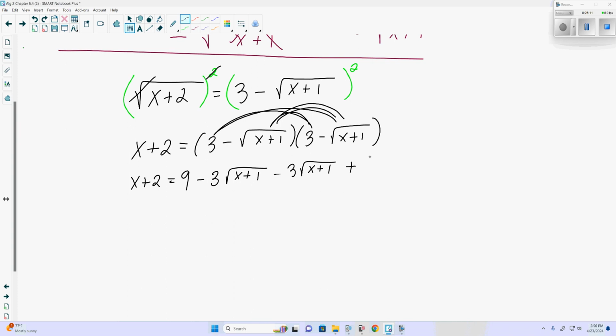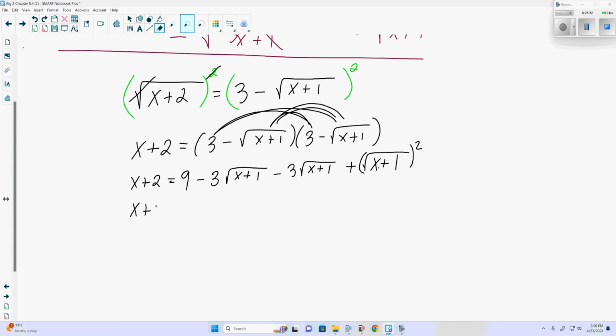Well, that's the square root of x plus 1 squared, yes? Right. Which we can just say is x plus 1.